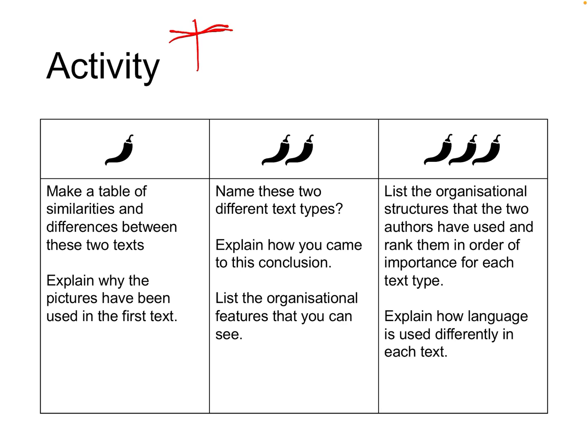It might be the language is used to build emotions. It might be the language is used to carry across their point. It might be the language is used to persuade, to inform, to give them information. Have a think about that. How is the language used differently? Because it's used very differently to tackle the same topic. A really interesting one here.